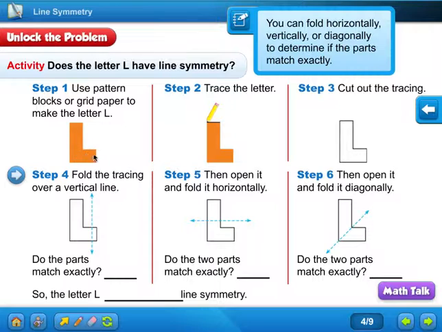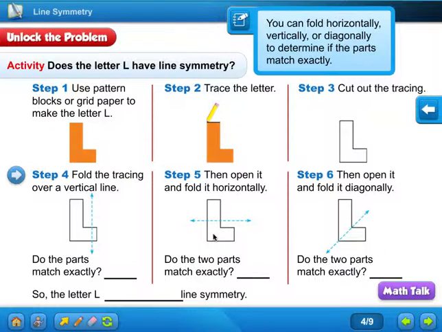So this one, you made the pattern blocks, you traced them, you cut it out. Now we're going to fold it vertically. No matter where you fold it, because you could also fold it right here vertically, you could fold it here vertically, it will never match up. Then fold it, open it, and fold it horizontally. So when I fold this side to this side, it doesn't match up.